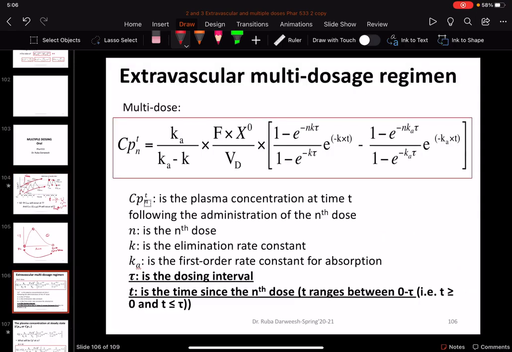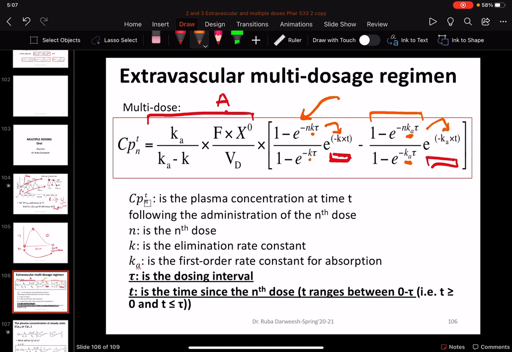For the extravascular multiple doses, we have the same equation as the single dose, with one exponent related to elimination and another exponent related to absorption, but we added a dose ratio term related to the elimination exponent, and also a ratio term related to the absorption exponent.